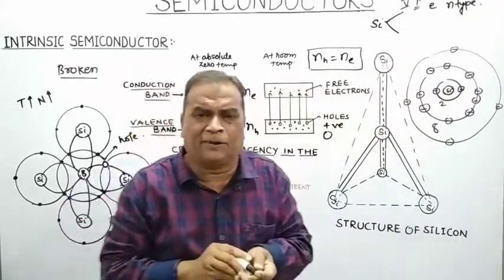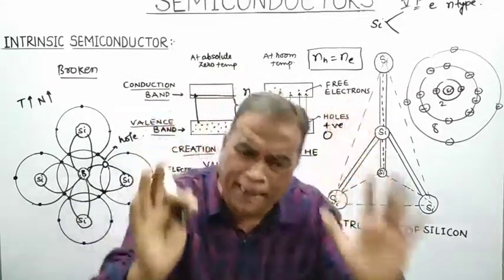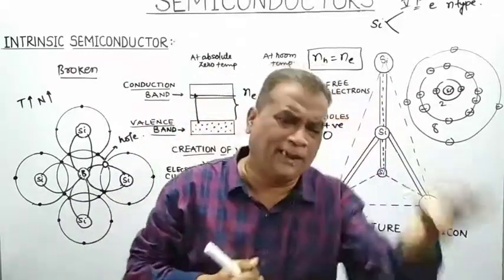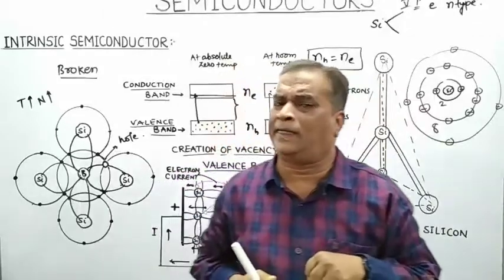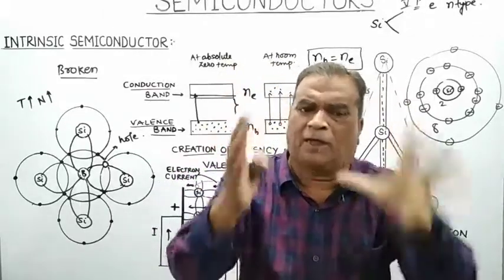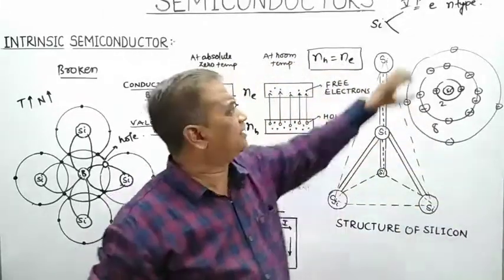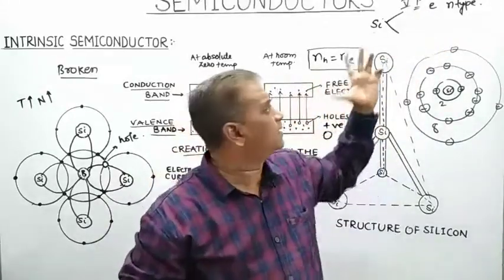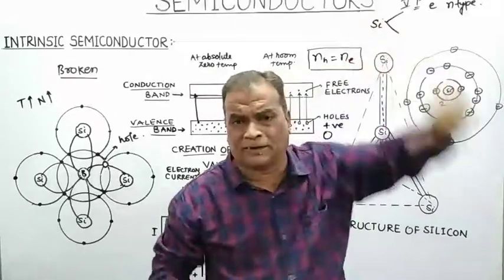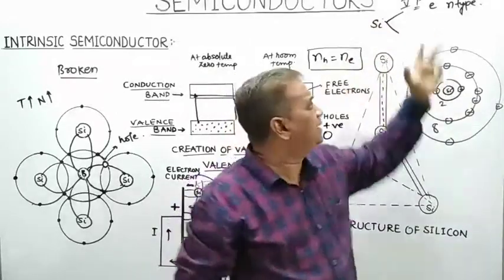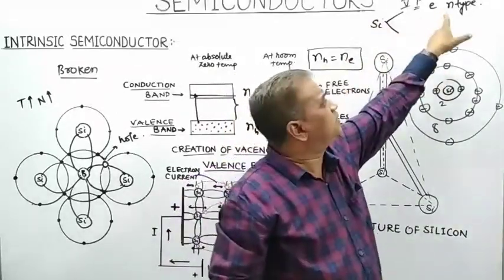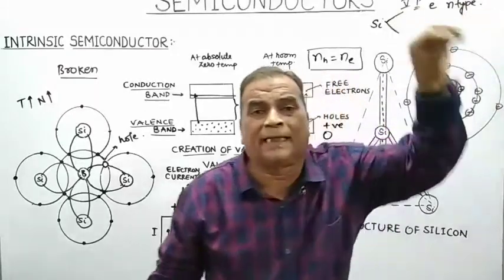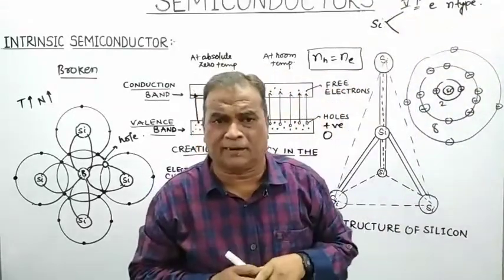What do you mean by N-type semiconductor? If any pure semiconductor is doped with pentavalent impurity, then the majority charge carrier of that doped silicon or germanium crystal is the electron. Hence it is known as N-type, meaning negative type semiconductor.